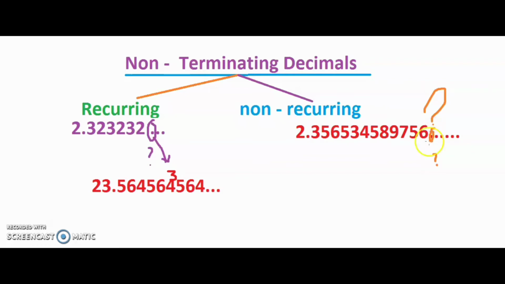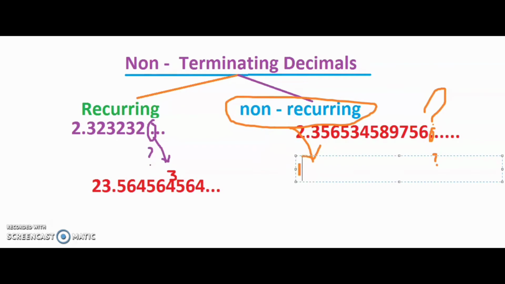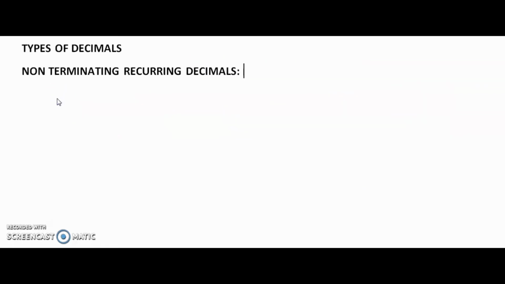Such decimals are known as non-recurring decimals. These non-recurring decimals come under irrational numbers in the number system. We will discuss that later.